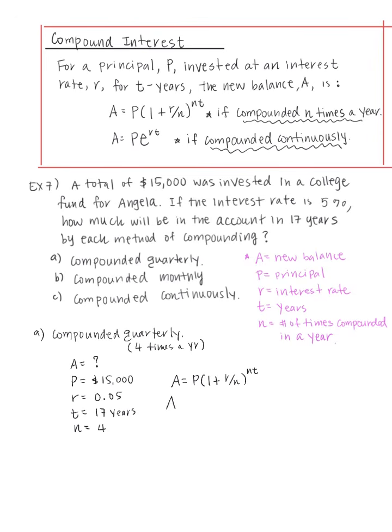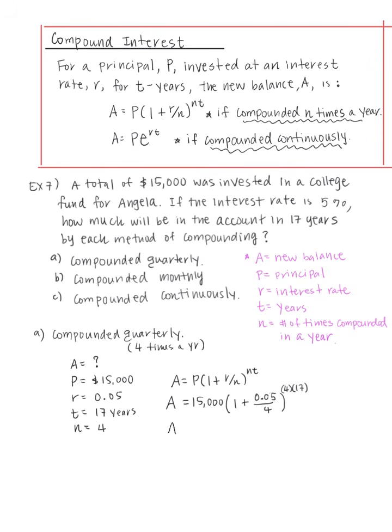So what we want is A. So we got P is 15,000, and then we have 1 plus 0.05, that's a 5, sorry, over 4 to the N is 4, times T is 17. You definitely gonna need a calculator for this. So get your trusty calculator out and please compute this value. And I'm gonna do the same thing.